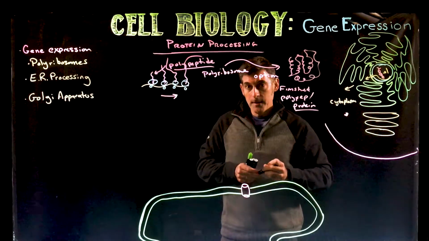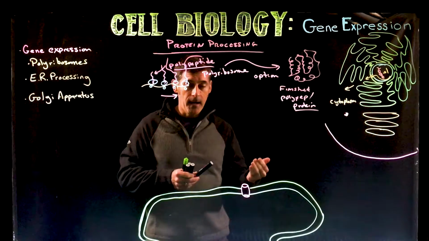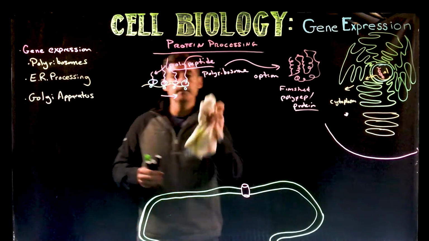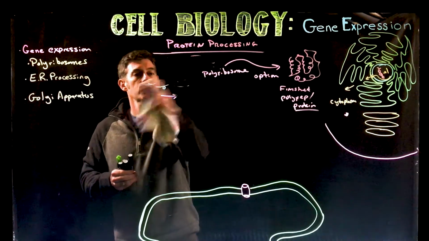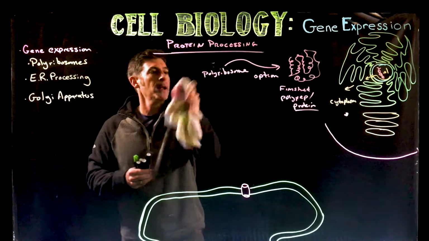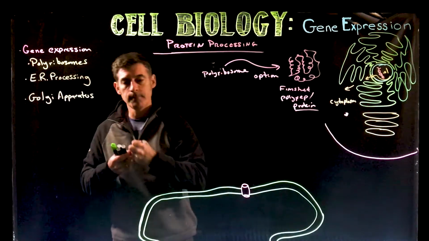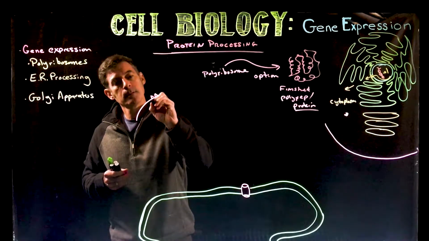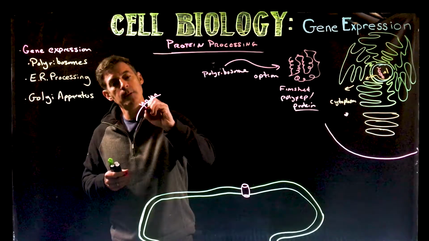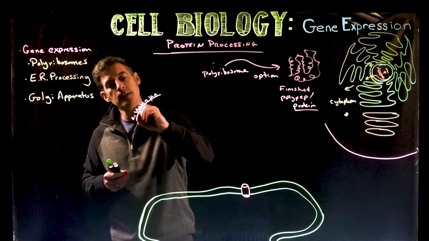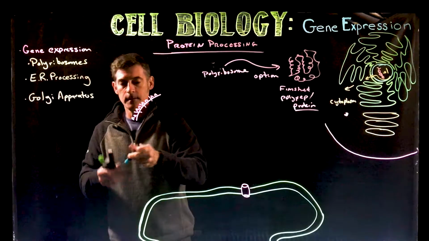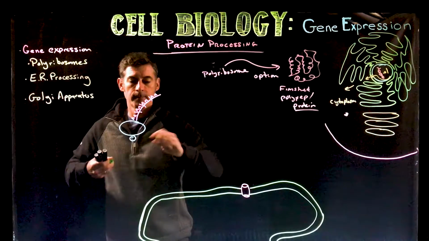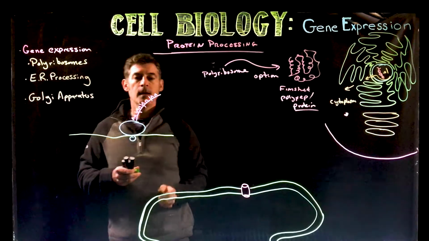But that's not always going to be the case. What's often going to happen is that the beginning of this polypeptide, I'm going to erase this and redraw just a section of it, as it's being made, the first couple of amino acids, so here's an amino acid, an amino acid, an amino acid, all coming out of the ribosome, which is reading the messenger RNA.